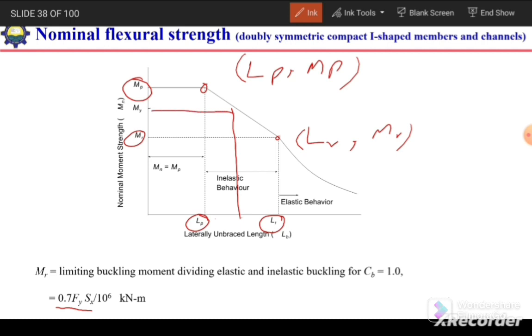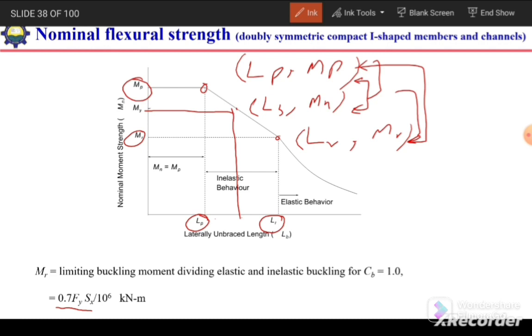For example, here we have the point which is equal to L_b and M_n. Now we can write the slope by using these two points and by using these two points. If it is a straight line, the slope given by these 2 points and by these 2 points will be the same.